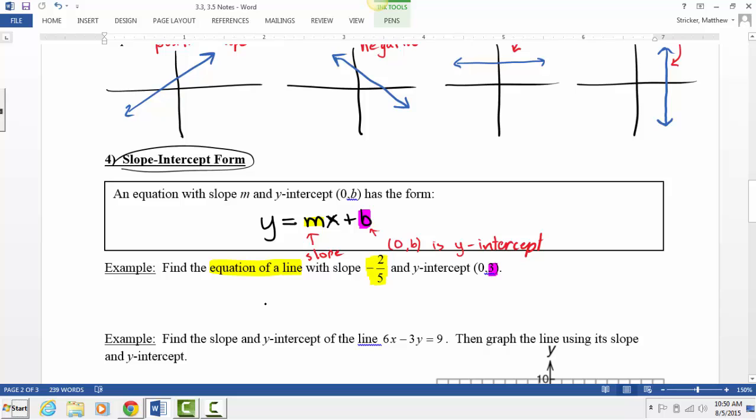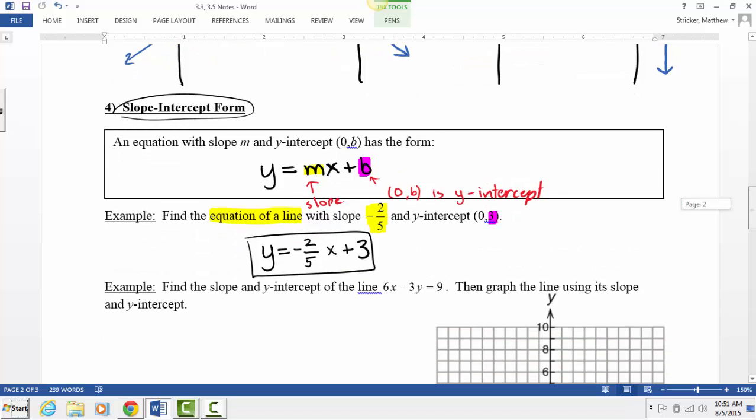That's going to look like, just like we have up here, y equals m, but m is negative 2/5, the x stays, plus b. b is 3. Notice this is a linear equation in 2 variables because it has an x and a y. So it's a pretty simple example, I think.